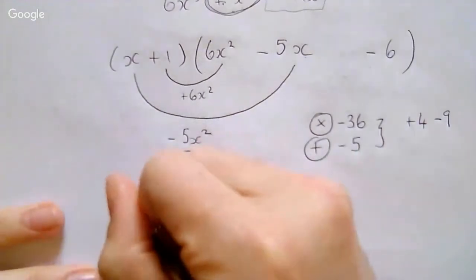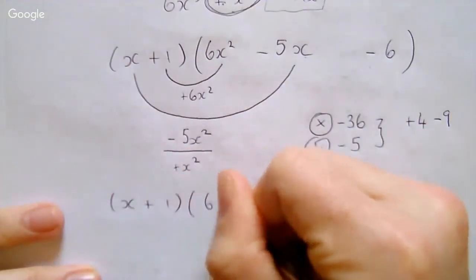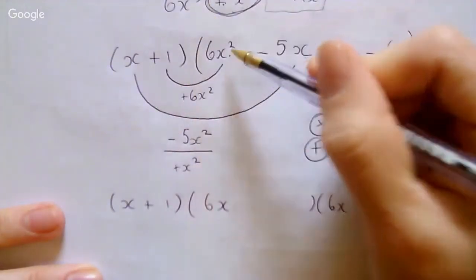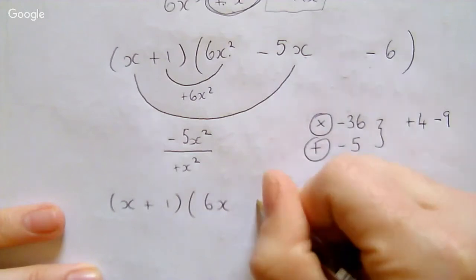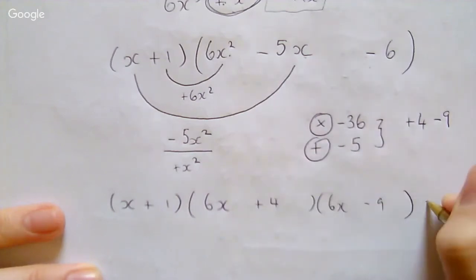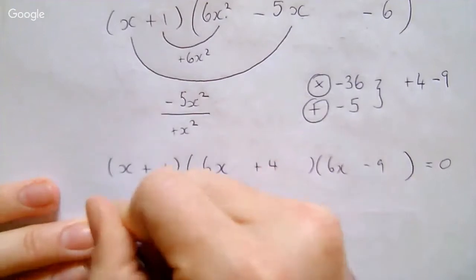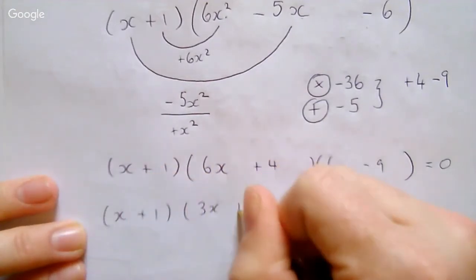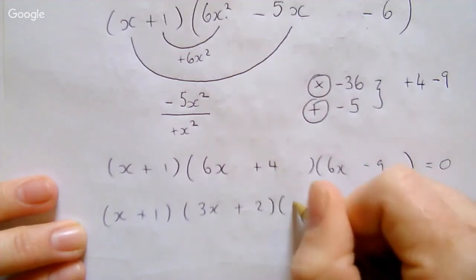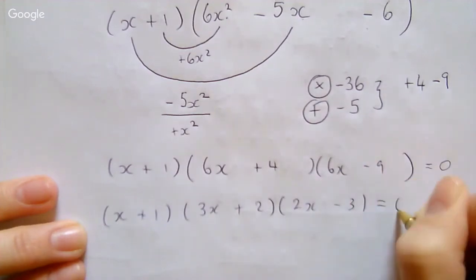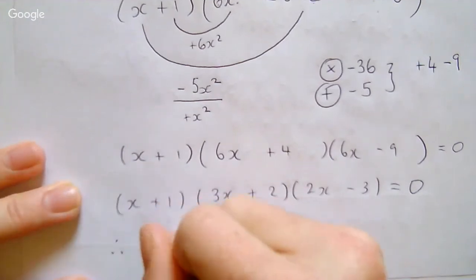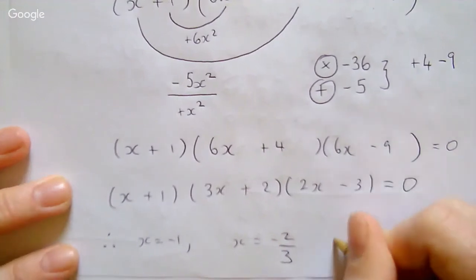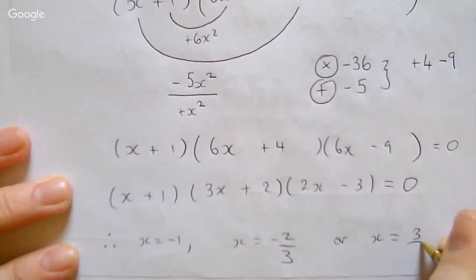So then I've got x plus 1, and I just drop the 6x squared from here, and then plus 4 is going in one bracket, minus 9 is going in another bracket, and that is equal to 0. And then I must cancel down as and when I can. So I'm going to get 3x plus 2, and then I'm going to get 2x minus 3 equals 0. And finally, I can say, therefore, x equals minus 1, x equals minus 2/3, or x equals 3/2.